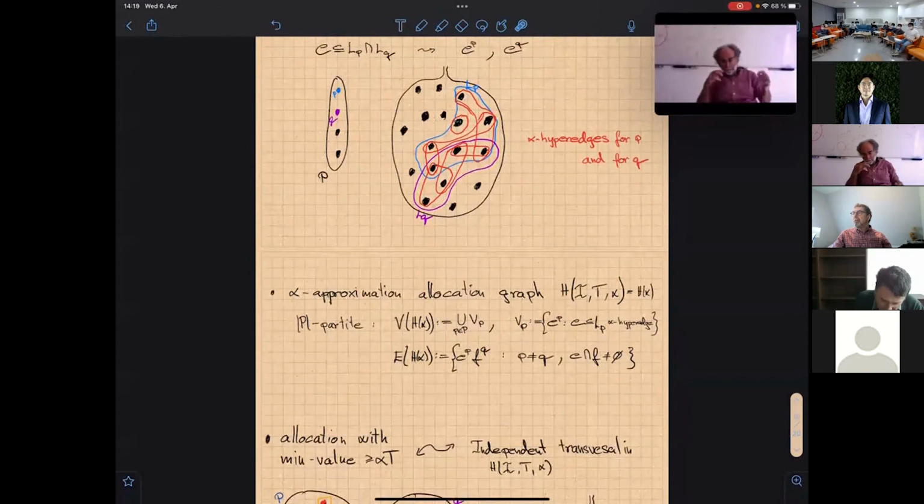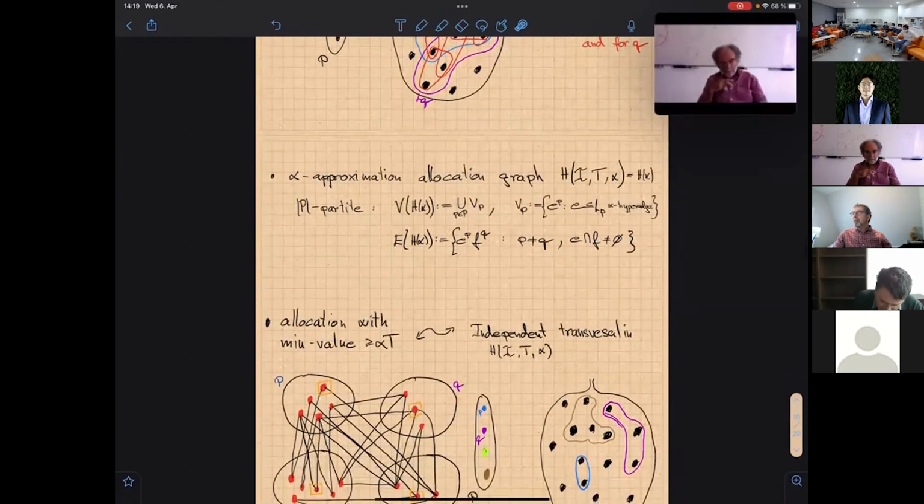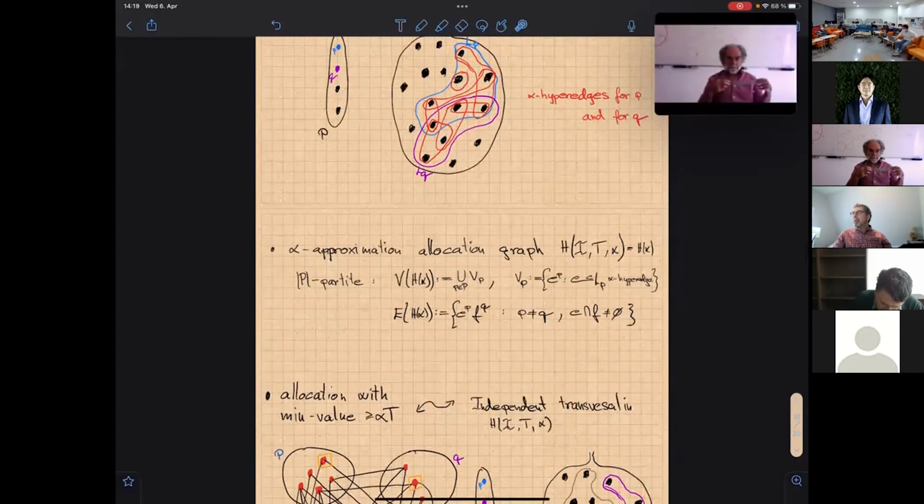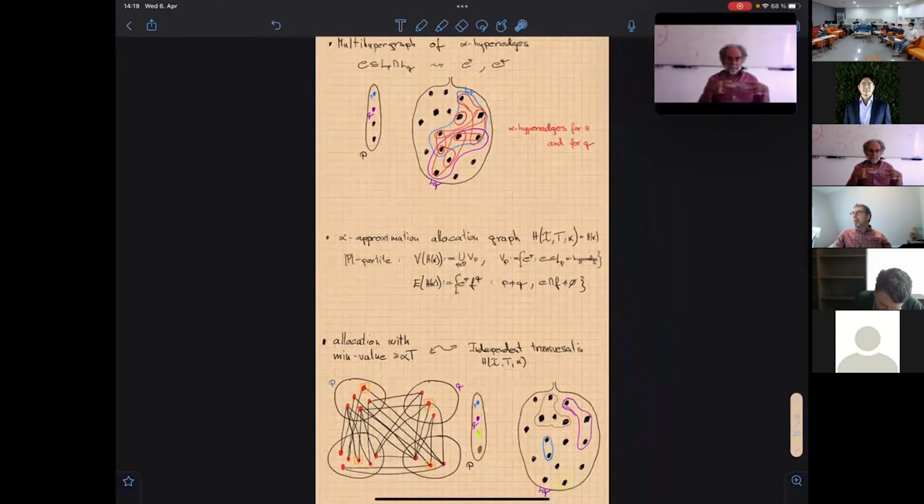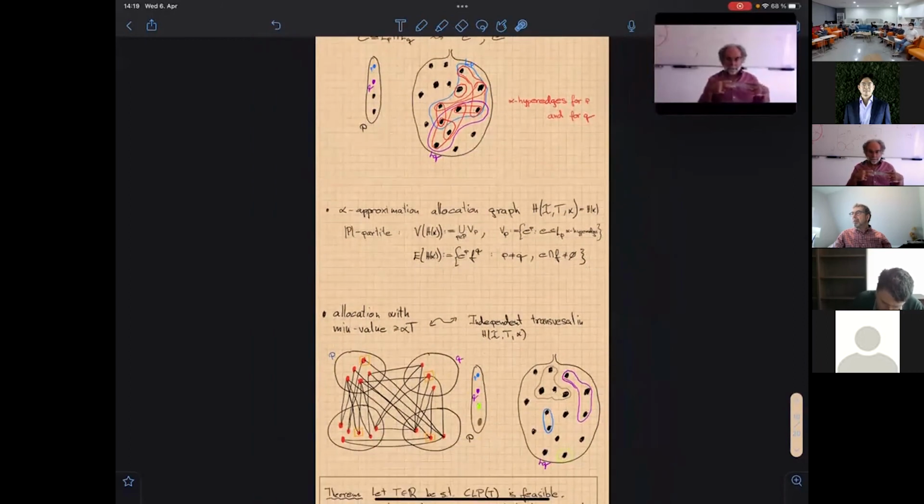Okay, and now how can you make a graph from it? Well, here it is. For each player, you create a vertex set, and each vertex will be one of these alpha hyperedges, and you connect 2 alpha hyperedges if they intersect, right?